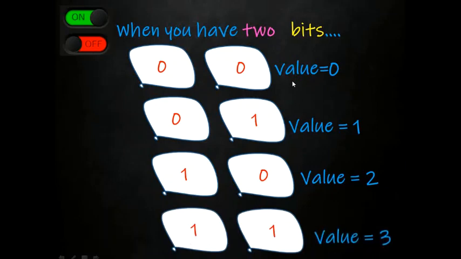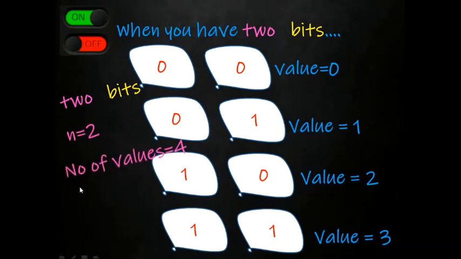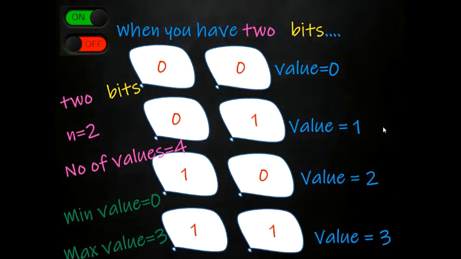So if you see over here with 2 bits, you get the least value as 0 and the max value as 3. So we come to a conclusion wherein when you have 2 bits, that is your n is 2, number of values is 4. 1 value, 2 value, 3 value, 4 value. But minimum value is 0 and maximum value is 3.